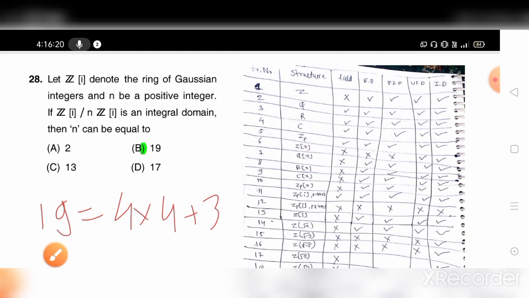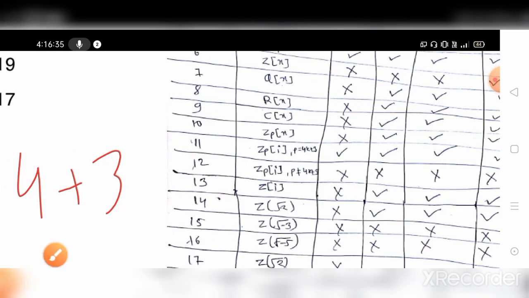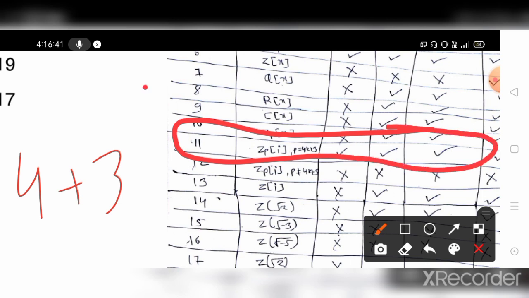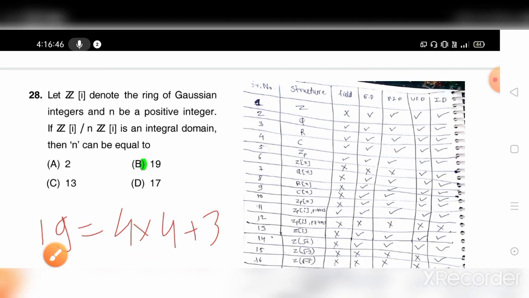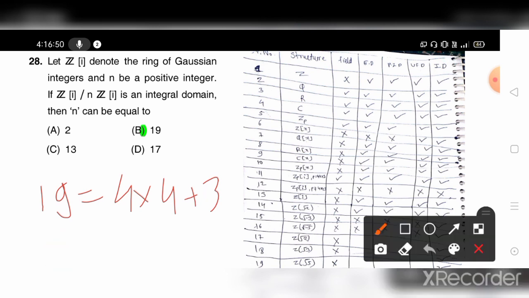Next question. Let Z[i] denote the ring of Gaussian integers and n be a positive integer. If Z[i] divided by (n) is an integral domain, then n can be... Here is one formula: if p equals 4k plus 3, then Z[i] modulo (p) is an integral domain.